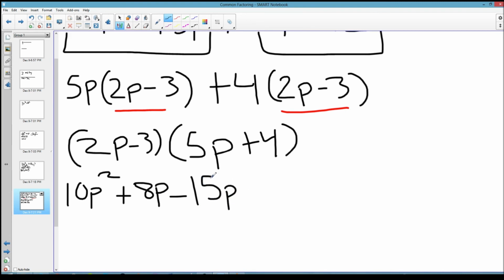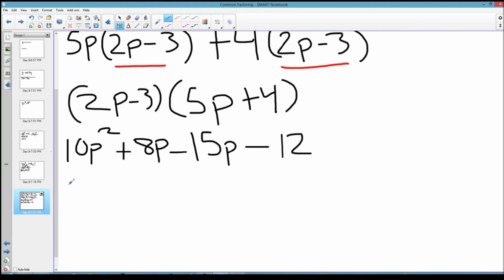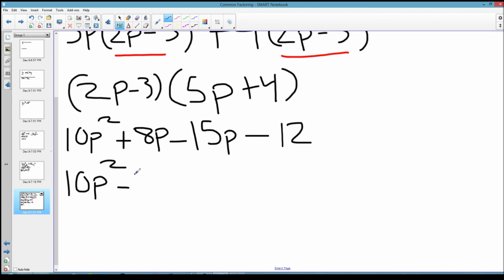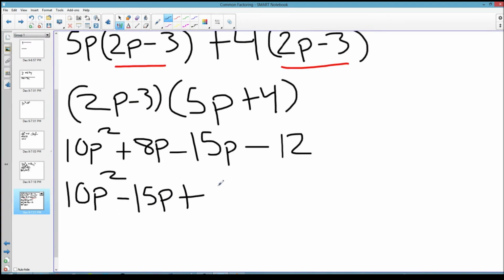And then negative 3 times 4 would give us negative 12. Now if you rearrange the expression, we get 10p squared, and after that we'd have minus 15p plus 8p minus 12, so it'd be 8p minus 12.